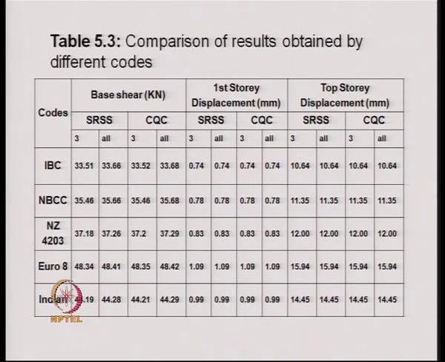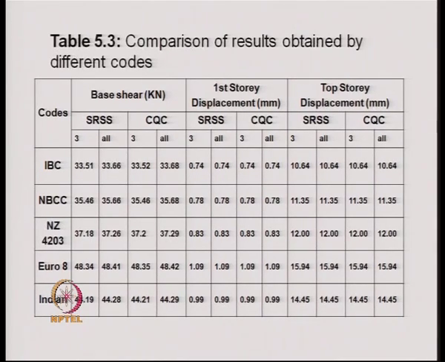Firstly, one can see that when we take only the first 3 modes and when we consider all the modes, the results do not vary much. That is what we expected, because the time periods are well separated. Therefore, the values will remain more or less the same.